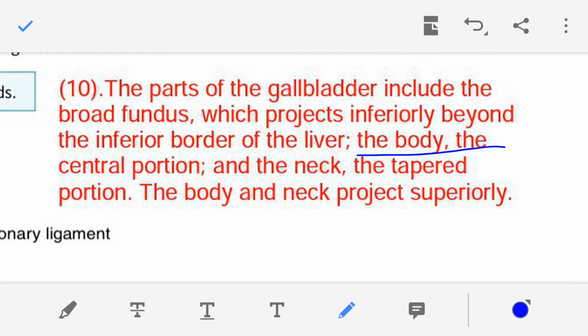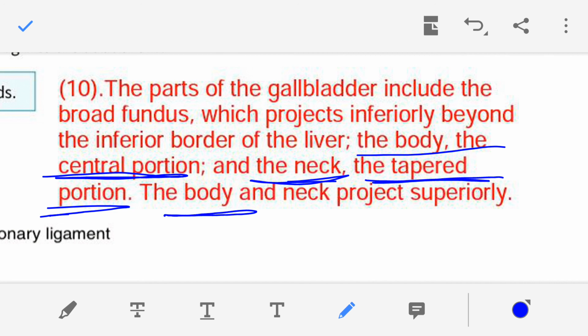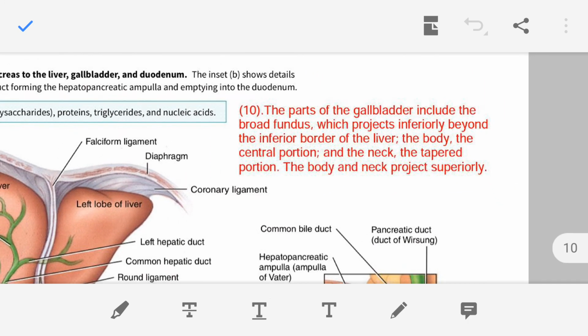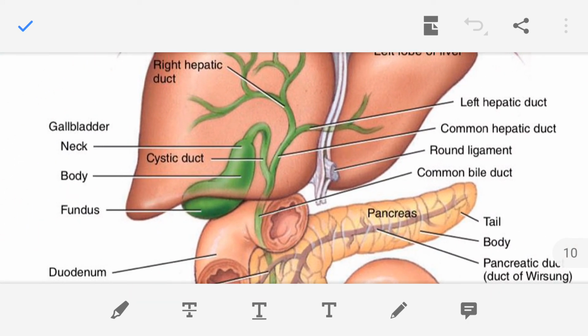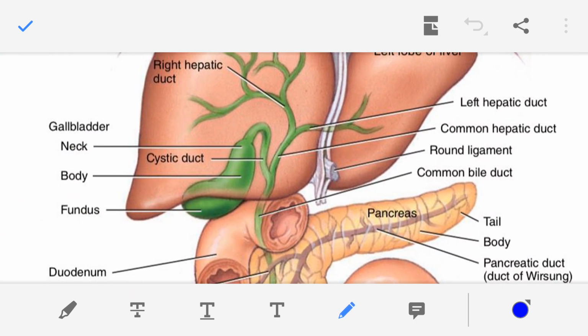The body of the gallbladder is the central portion, and the neck is the tapering, narrow portion. The body and neck project superiorly, so in the gallbladder, the body and neck are present superiorly, and the fundus is present inferiorly.